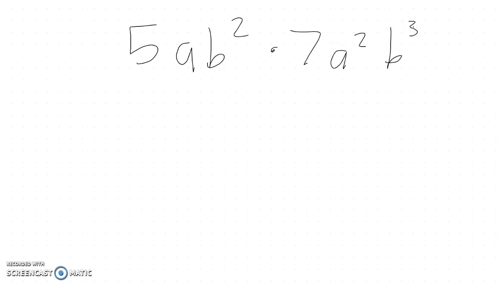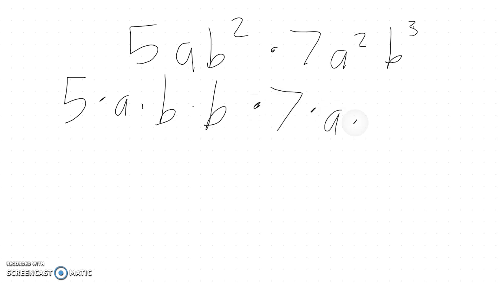Now this looks a little bit more intimidating, but it's the same process. I'm just going to write it in multiplication form. 5ab squared just means 5 times a times b times b, b squared is just b times b, times 7 times a times a times b times b times b.